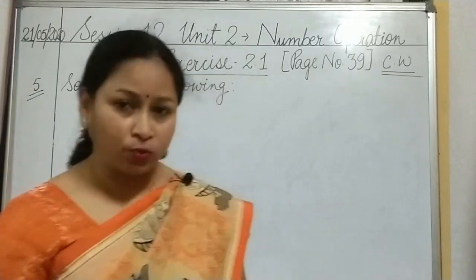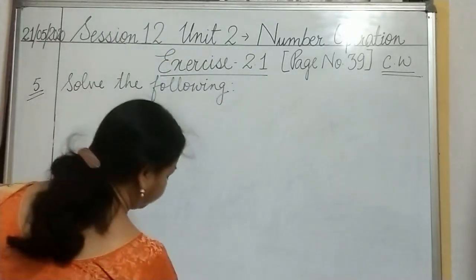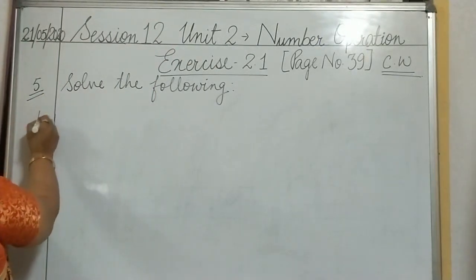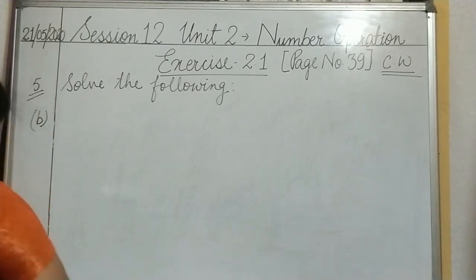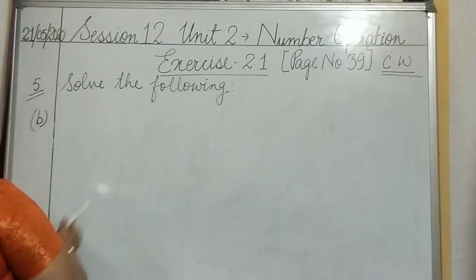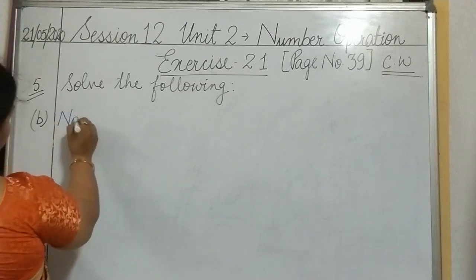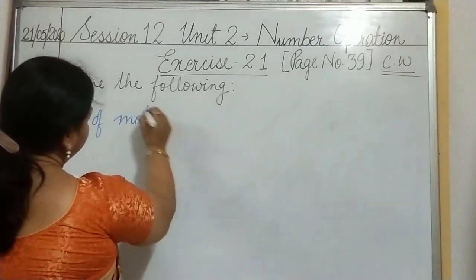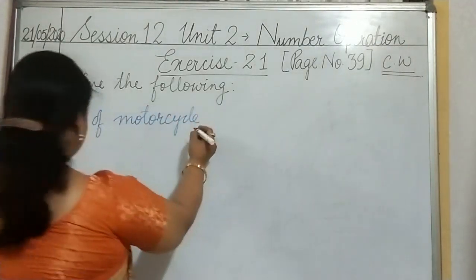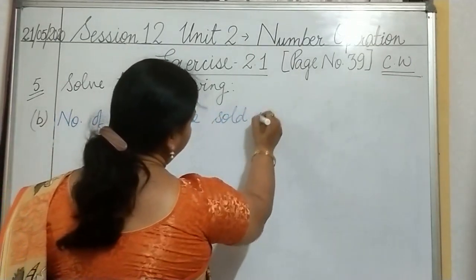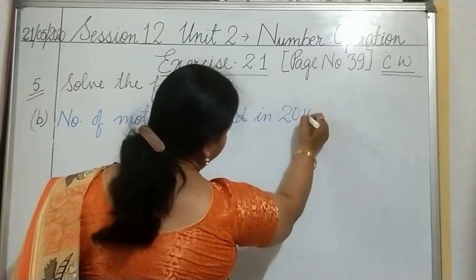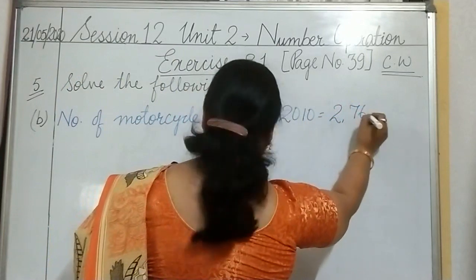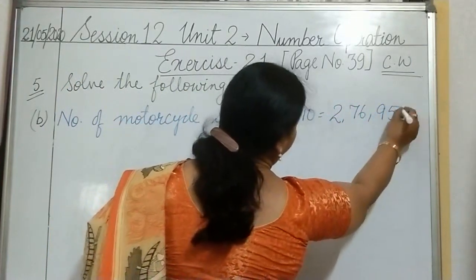Okay. So let us see how to write down the statement for this. This is question number B. We are going to solve it. The first statement for this is number of motorcycles sold in 2010. Okay, so what is the number given? 2,76,950.